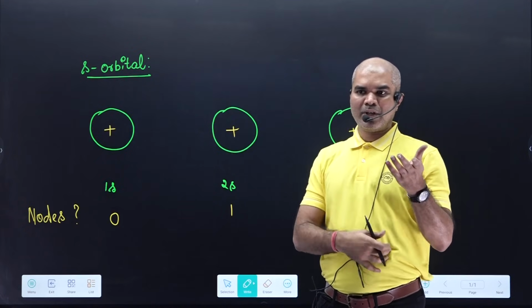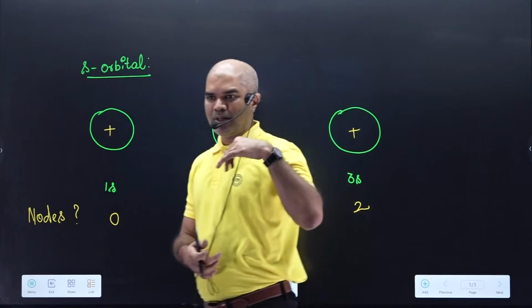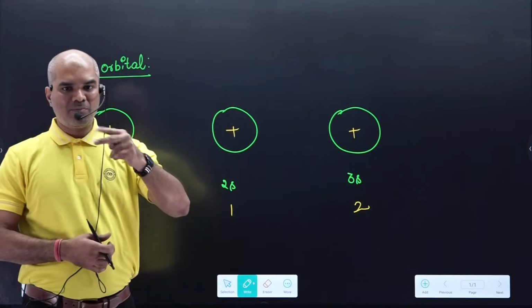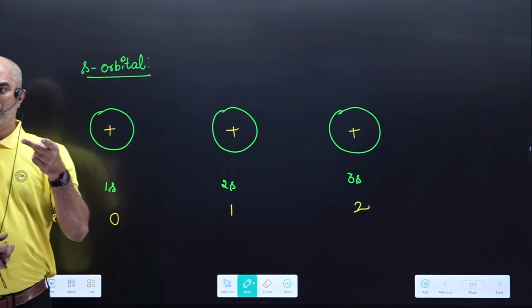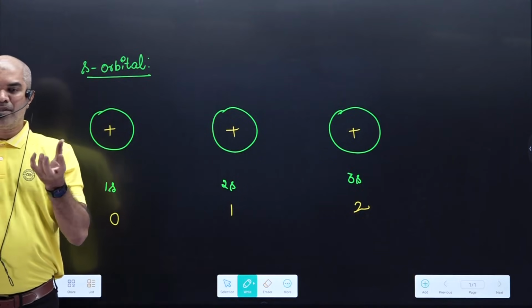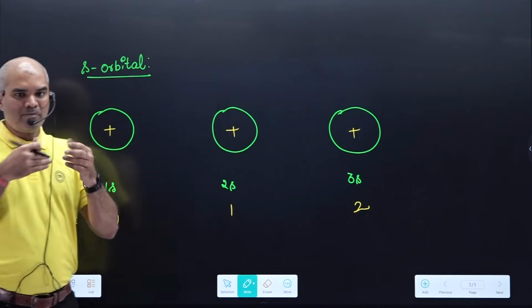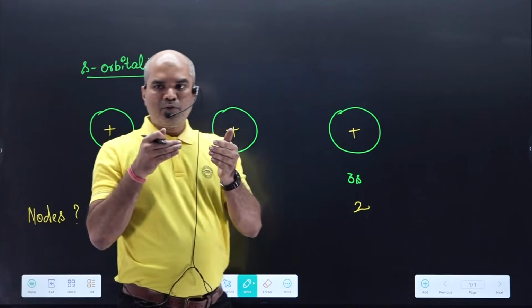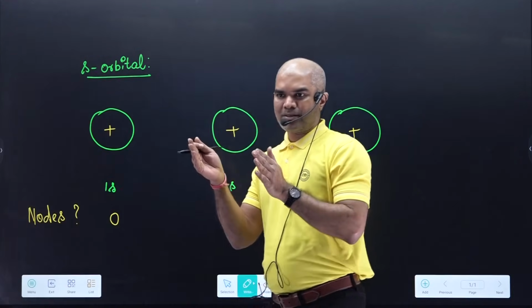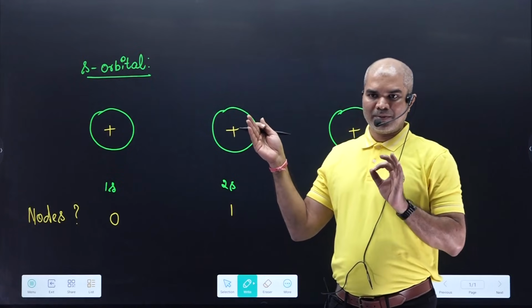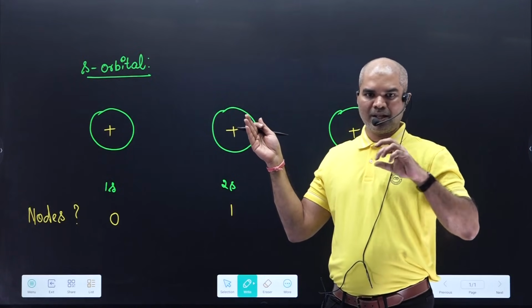It is just like hydrogen bonding: intramolecular hydrogen bonding and intermolecular hydrogen bonding. In a similar way, you have two different types of nodes. One node is within the orbital, one node is between the orbitals. If you find any node between the orbitals, it is a radial node. If you find it within, it is an angular node.